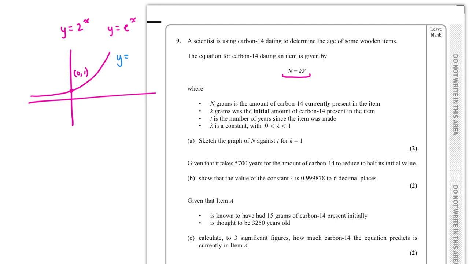Now, this is 2 to the x, e to the x, etc. What happens if I have a half to the x? Okay, because it says that our lambda is between 0 and 1. So that means that actually our graph is going to look like this.